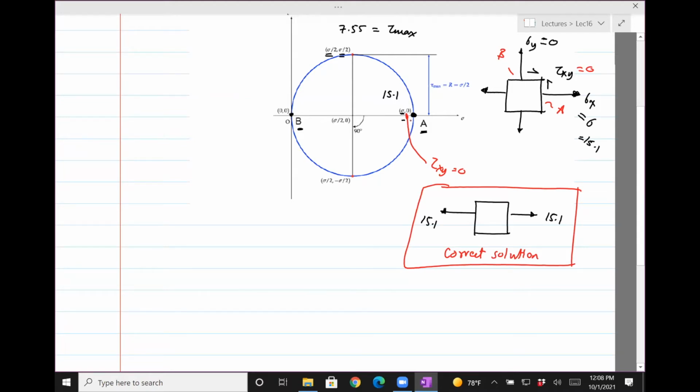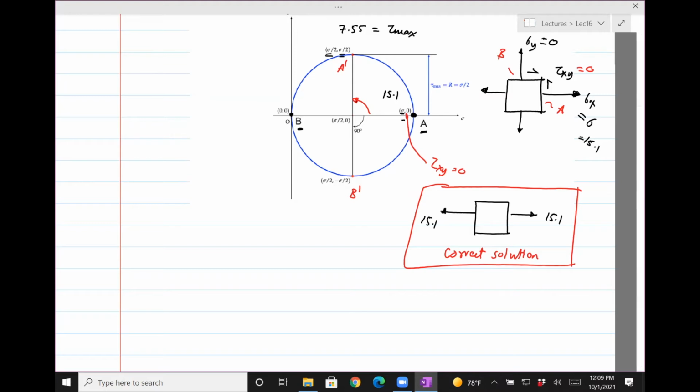So the way that it's 7.55 on this. Yes, so if you want to draw now, this is A prime, B prime, right? And if I tell you to draw the element for face A and B, then what you need to do is see that it's turned counterclockwise by 90 degrees.